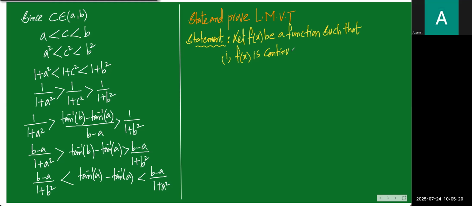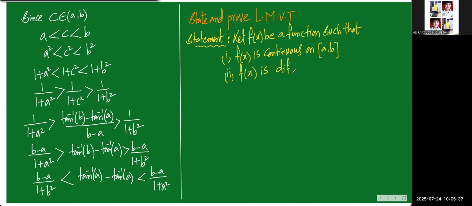हाँ जी सर, बोले सर कल. f of x is continuous on closed interval a comma b, f of x is differentiable on open interval a comma b, but condition तो नहीं है.